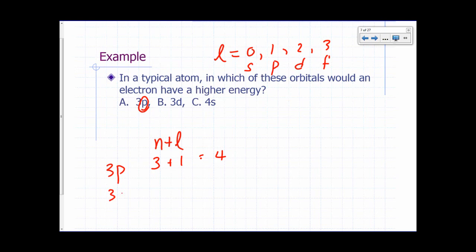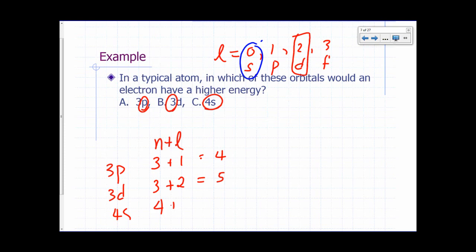Let's look at a 3d orbital. n is 3, and for a d subshell, for a d orbital, L is 2. Okay, so 3 plus 2 is 5. And then for 4s, n is 4, and for an s orbital, L is 0.